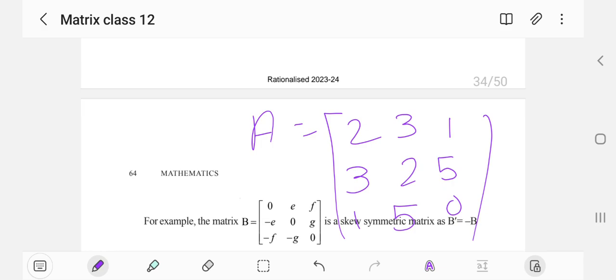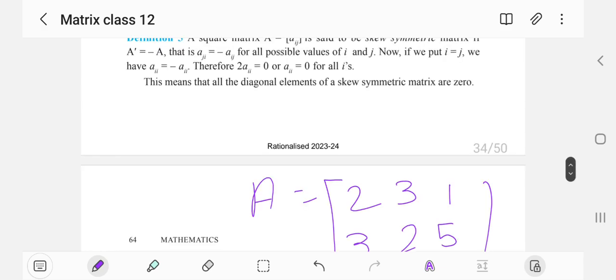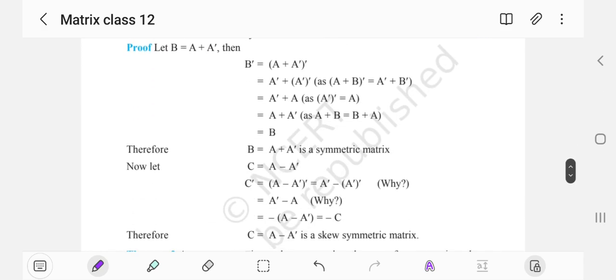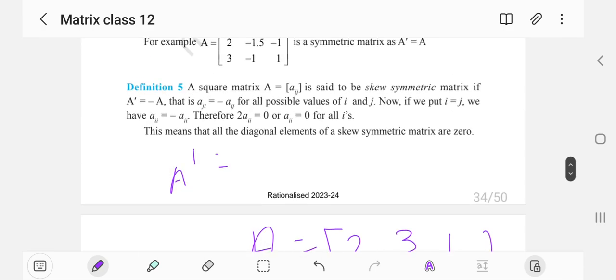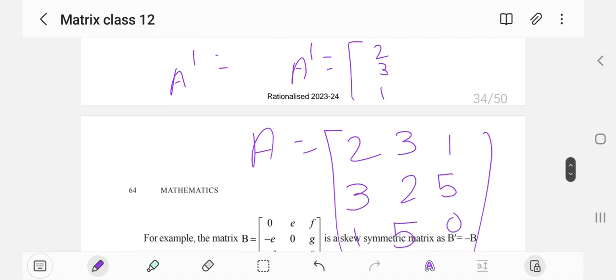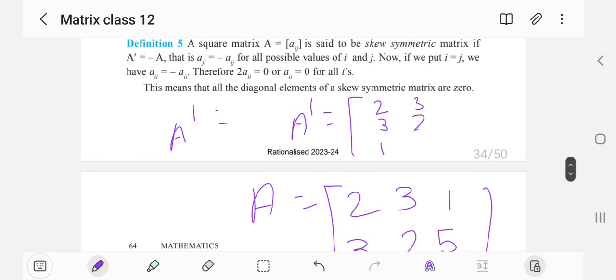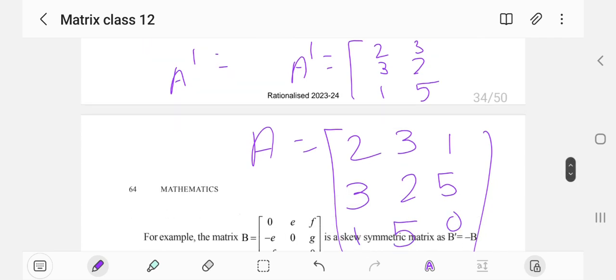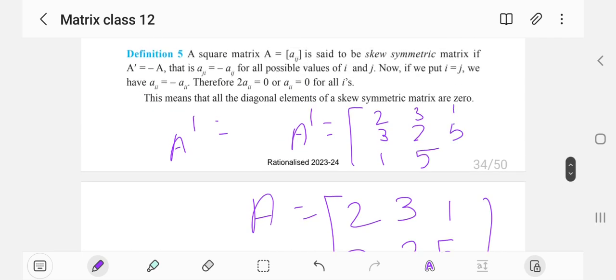Because I want to make you able to generate a result yourself, or reach a general understanding yourself. So see what will be the transpose. If I transpose it, I get 2 3 1 and 3 2 5 and 1 5 0.